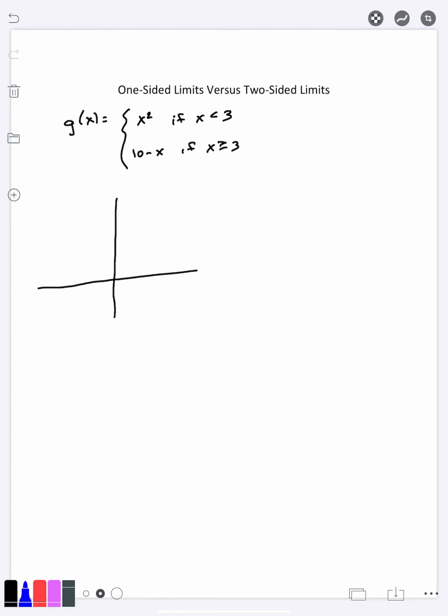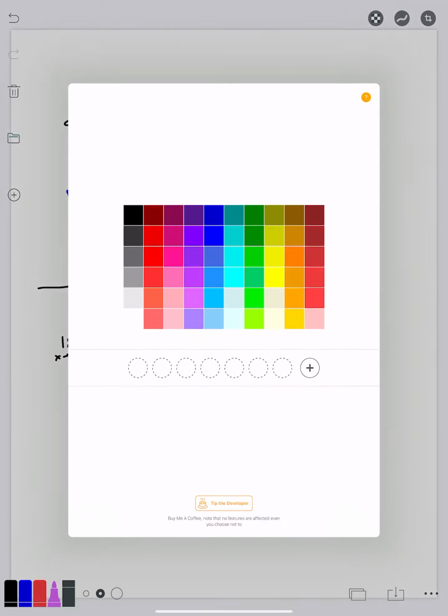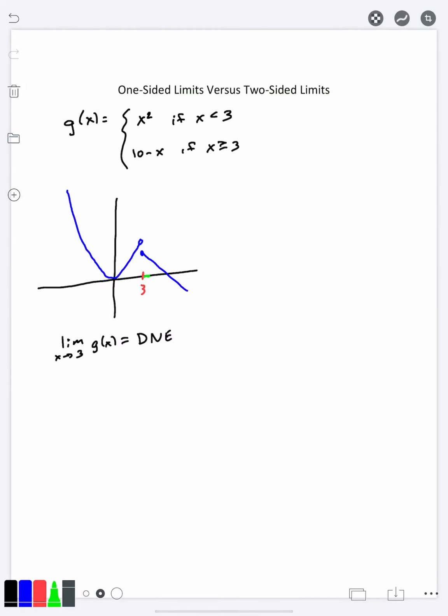So what that means is the graph starts out with your nice little parabola, and then once you get to an x value of 3, you're going to stop being the parabola, and instead you're going to be this line with a -1 slope, and it's going to look something like that. Now if I were to ask you what is the two-sided limit of this function as you go to 3, this is going to be a DNE, because at 3 there is no single y value that's going to work.